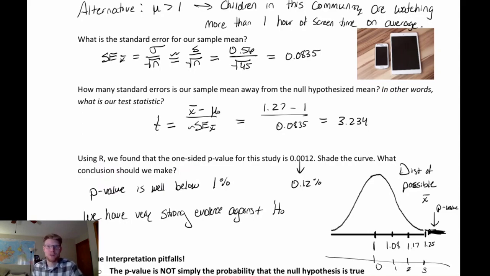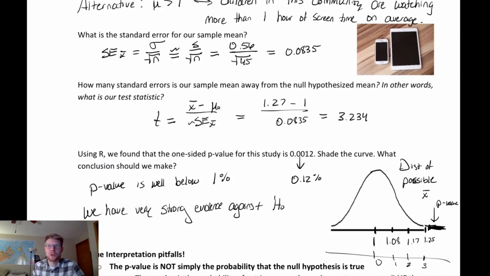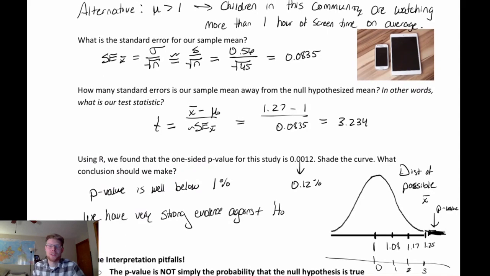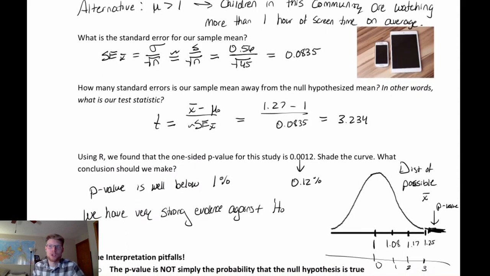If I take 45 children and get a mean of 1.27, maybe individuals in that range makes sense, but to get 45 children averaging 1.27, it seems pretty improbable that the true mean in this community would be 1 if I appropriately sampled from this community. That's why my p-value is so low, suggesting that this is not something I would commonly see by random chance if it was 1.